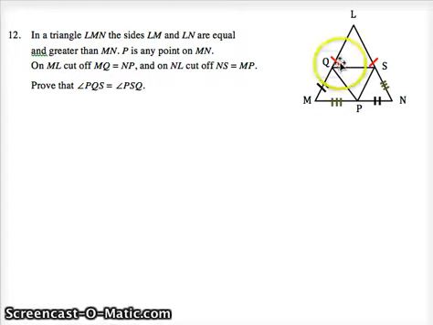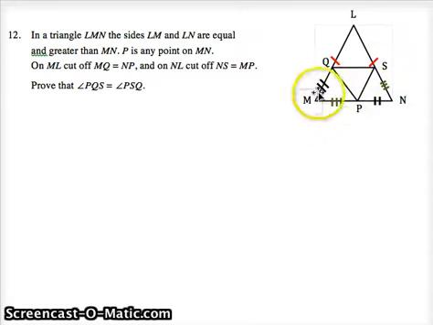Now what we have to prove is that angle PQS equals angle PSQ. At the moment, you've got the double dash side in black and the triple dash side in green in triangle MQP, and you also have the same over here in triangle PSN.